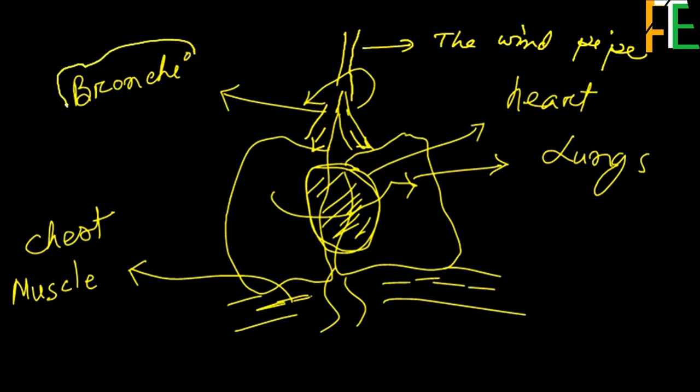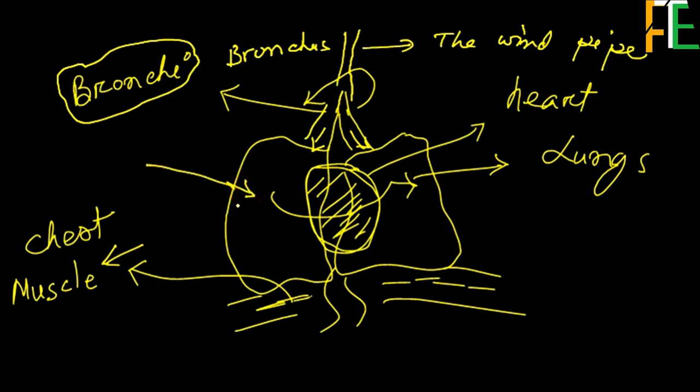Bronchi is the plural form, and each one is called bronchus, the singular form. And we have the chest muscle. What is the function of the chest muscle? The function of the chest muscle is nothing but to expand and compress the lungs.